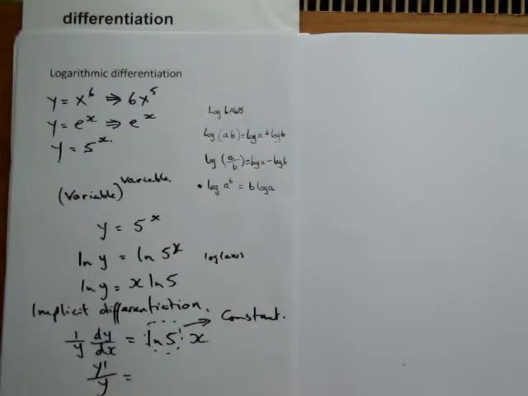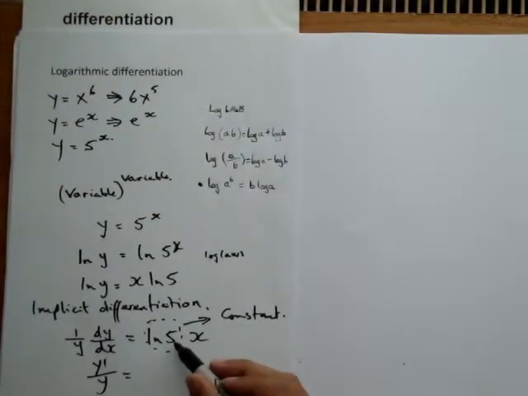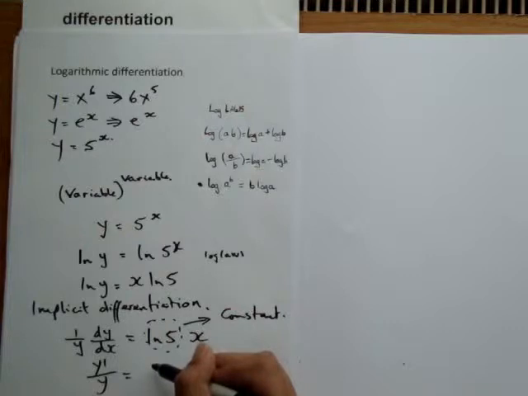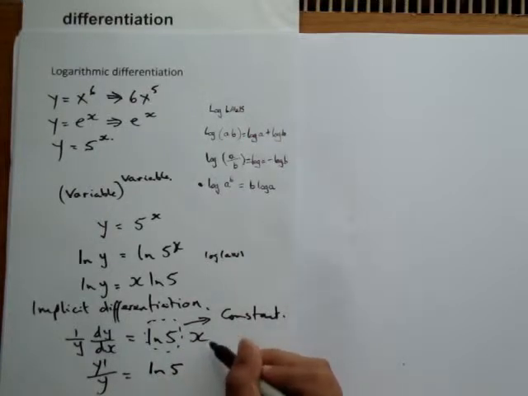When we differentiate, we get the constant natural log of 5, and when we differentiate the x, we get 1, which we can leave out.